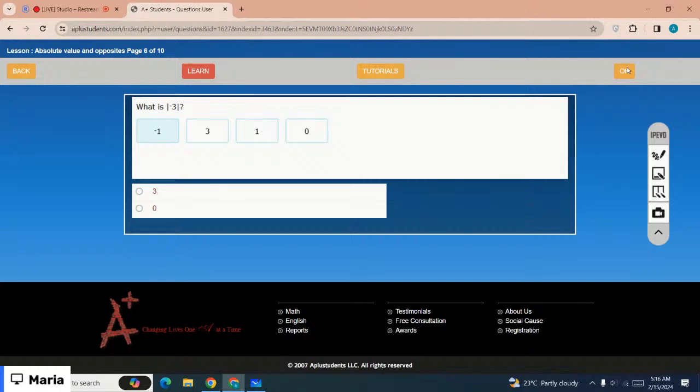What is the absolute value of negative 3, which is the correct option? Absolute value of negative 3 is a positive 3, because absolute values are always a positive values. So that would be 3. Very good.